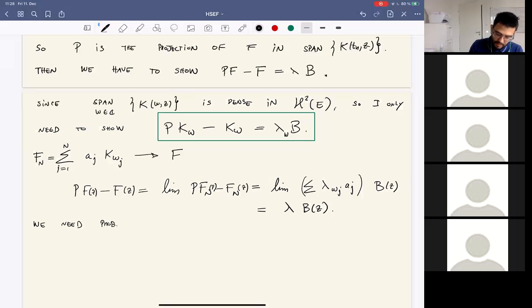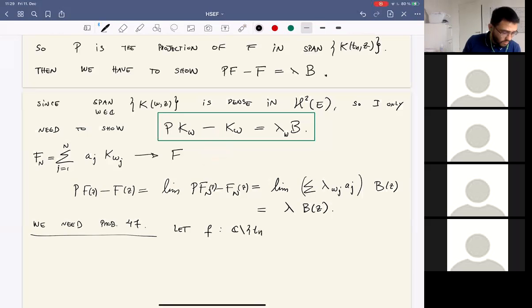Problem 47. Okay, so let me state what problem 47 is. We are almost done, and this thing here will follow by a very simple application of problem 47. So what's problem 47?